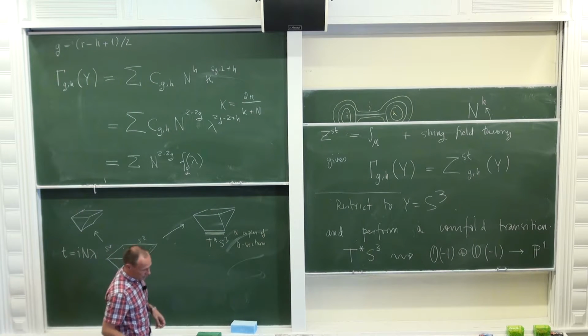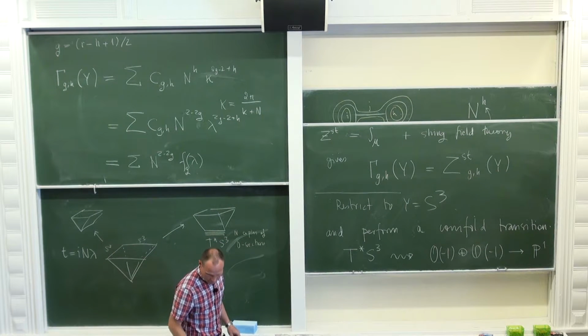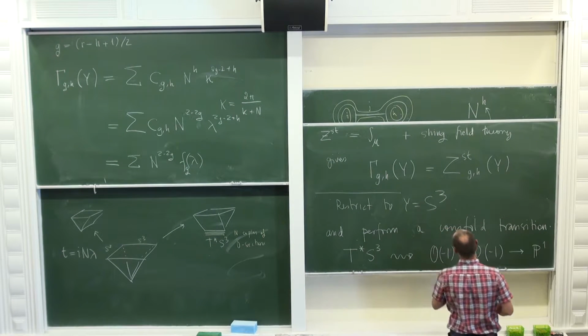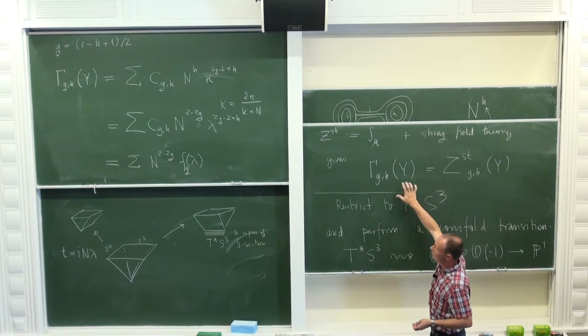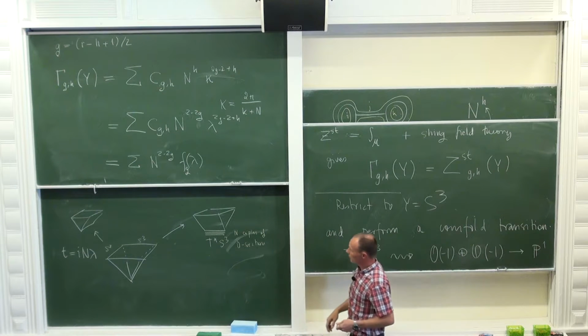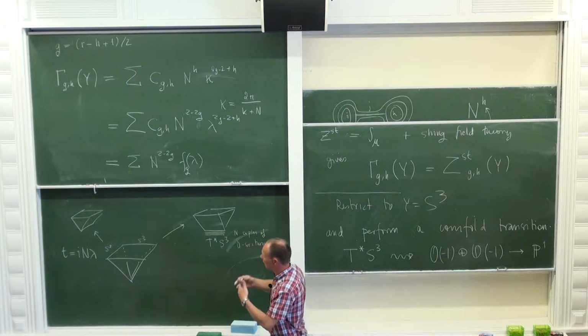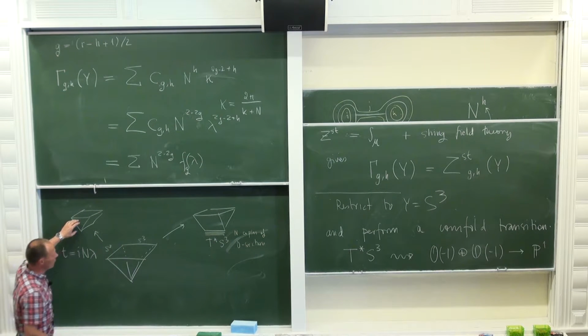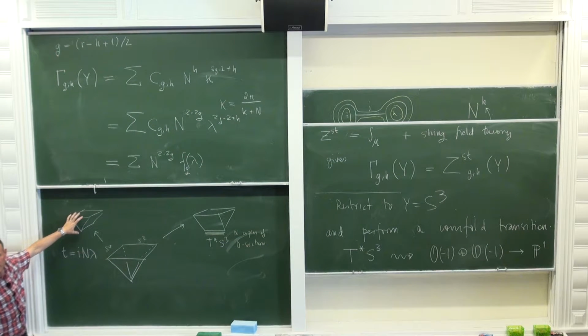So this is what's called the conifold transition, and it predicts that the Chern-Simons theory should be equal to the closed string theory. So again, we have now a closed topological string theory, and by the same argument that I gave before, you can see this one localizes on the moduli space.